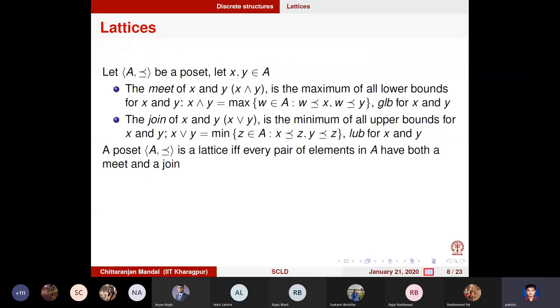Okay, anyway, let us move to the next slide. So now let me give you two definitions. So you take any two elements, X and Y, in the poset.